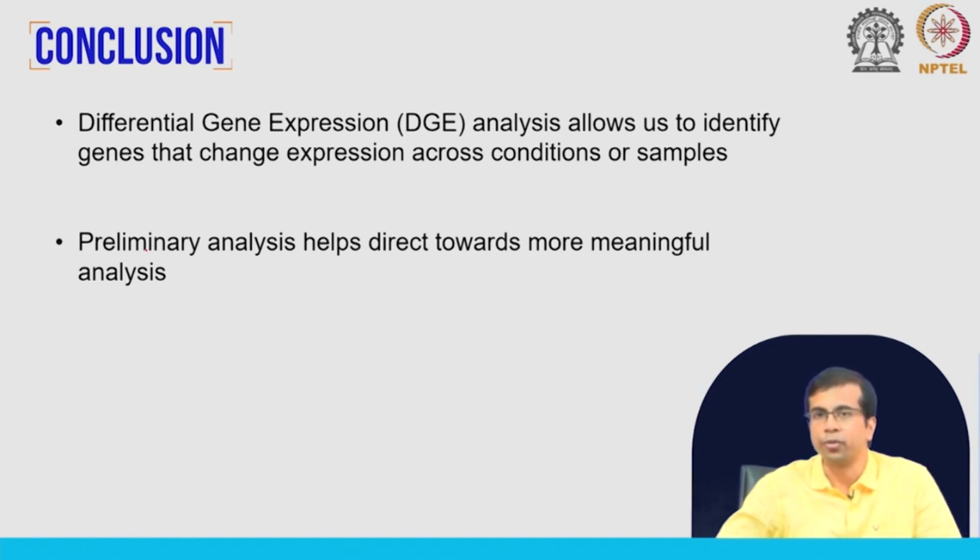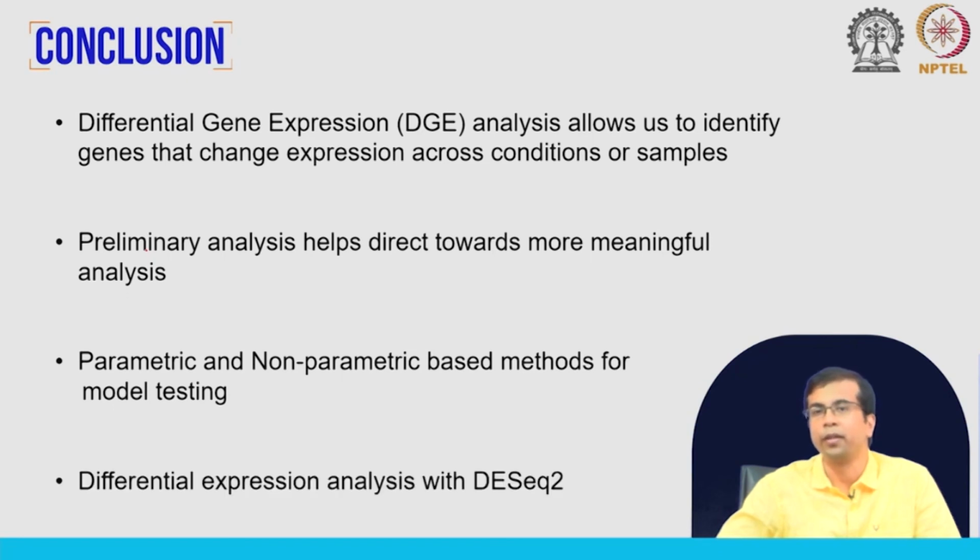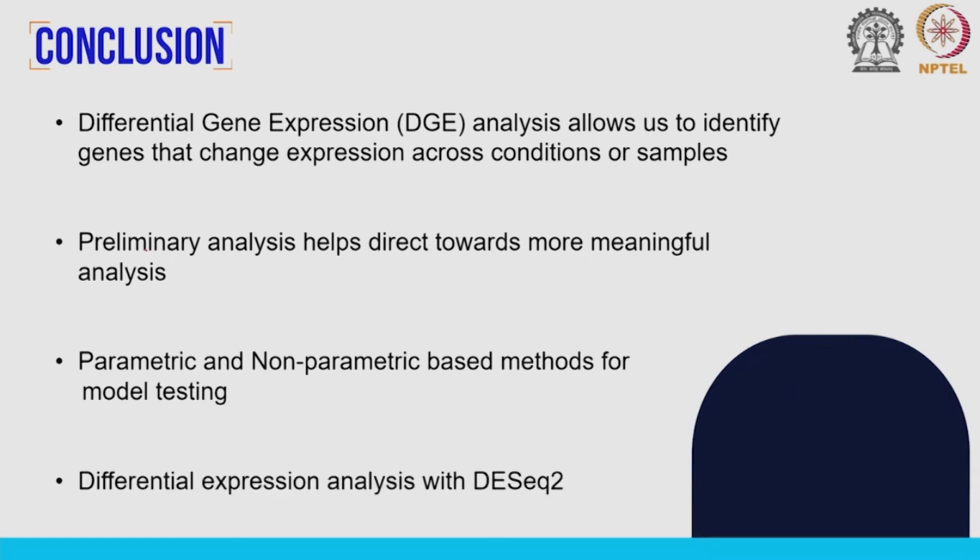So, we can choose which groups we should compare when going for differential expression analysis. We have also talked about parametric and non-parametric based methods for model testing. We have seen that the negative binomial distribution best fits the data, and we have started our discussion on differential expression analysis with DESeq2. There are some steps remaining which we will be discussing in the next class.